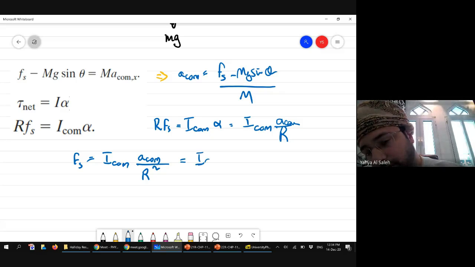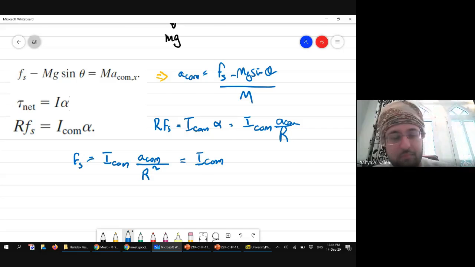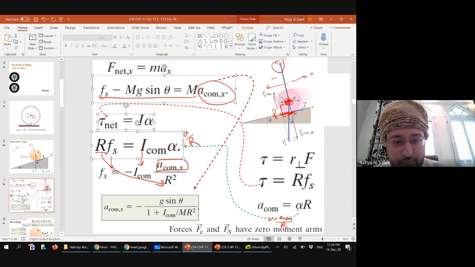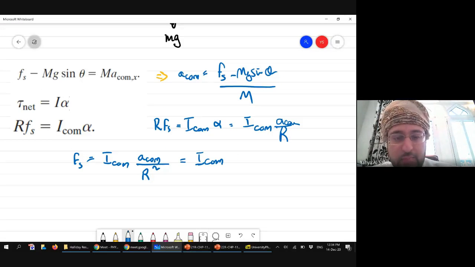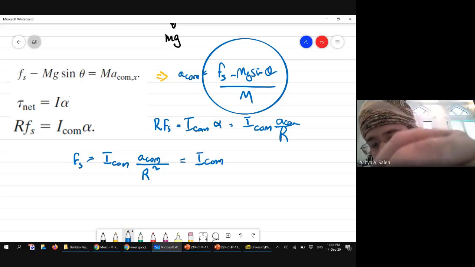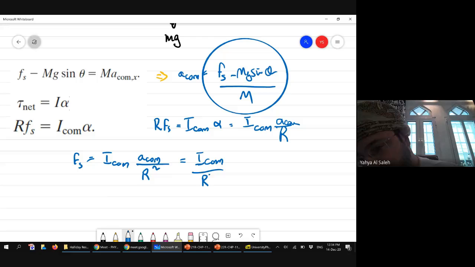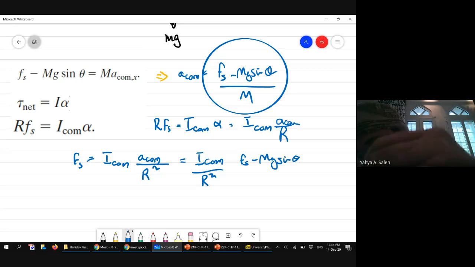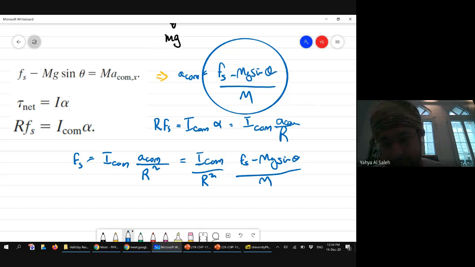We'll keep ICOM here. And for ACOM, I will bring this back in. So ICOM over R squared, Fs minus mg sine theta all over m.